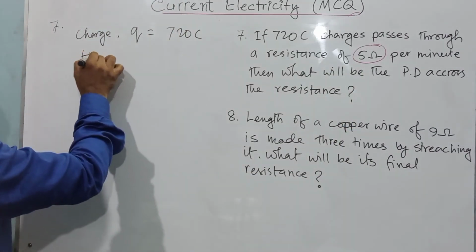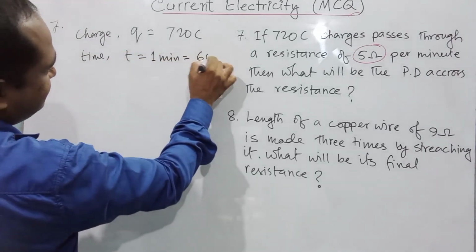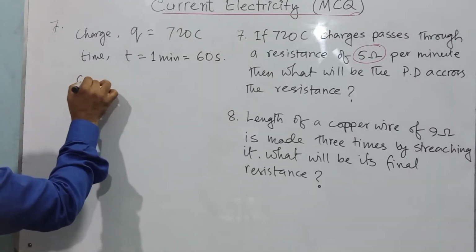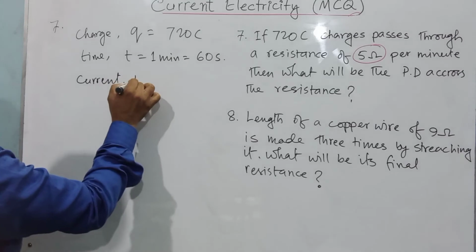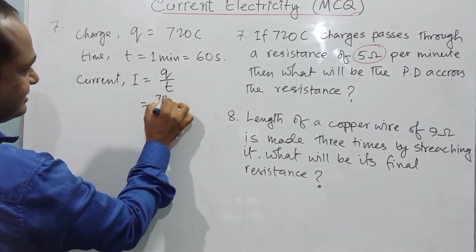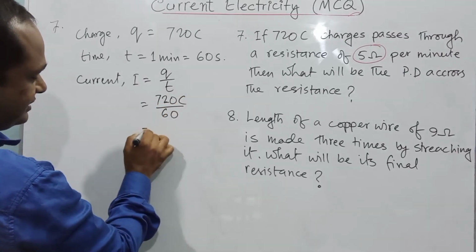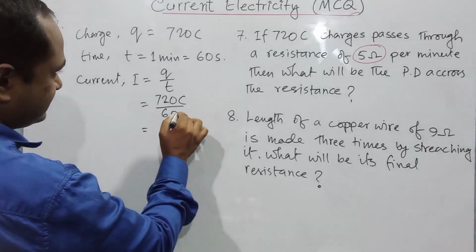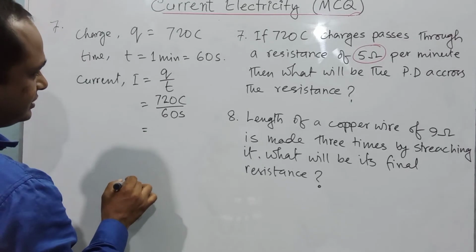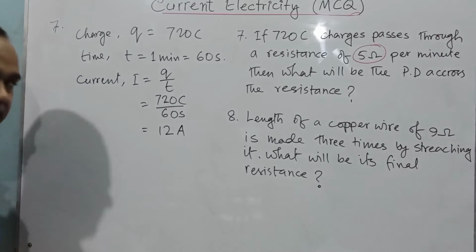So time T is equal to 1 minute, that is 60 seconds. So electric current I is equal to Q divided by T. Q means 720 coulomb divided by 60, and the final result will be 12 ampere, right?